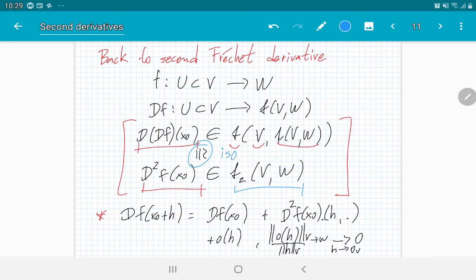It's an isomorphism of normed vector spaces, in the sense that it preserves the structure of vector spaces. It's a bijection, it preserves the structure of vector spaces, but it also preserves the norm.